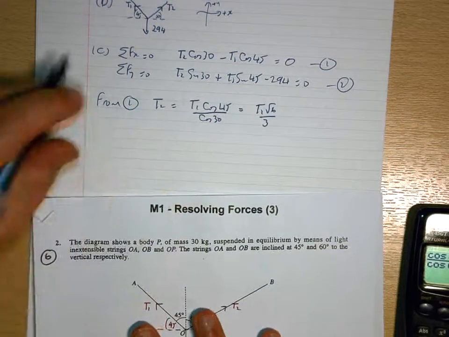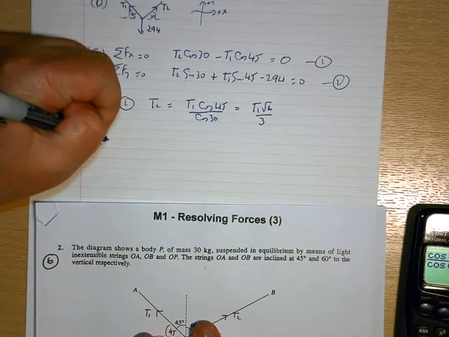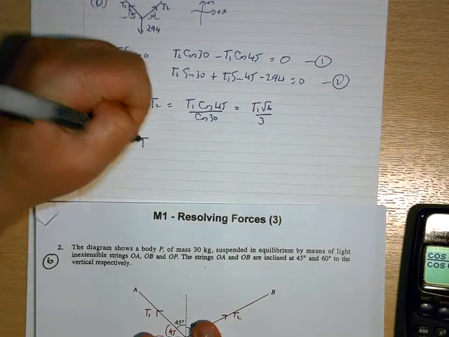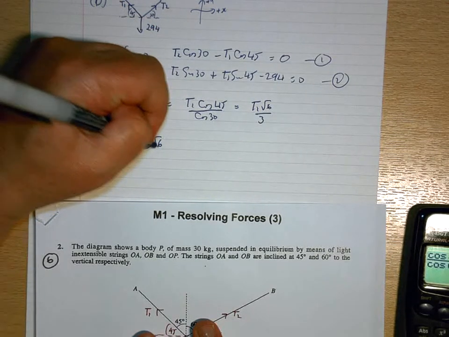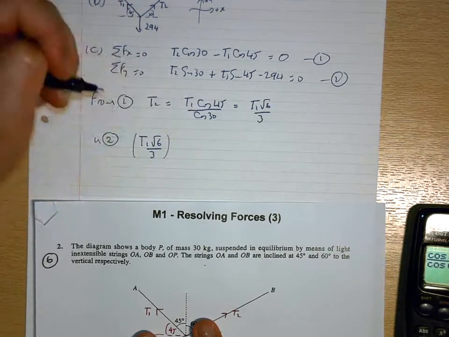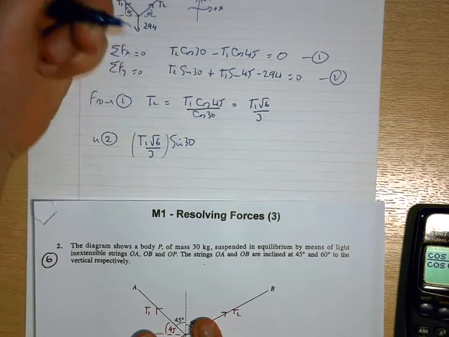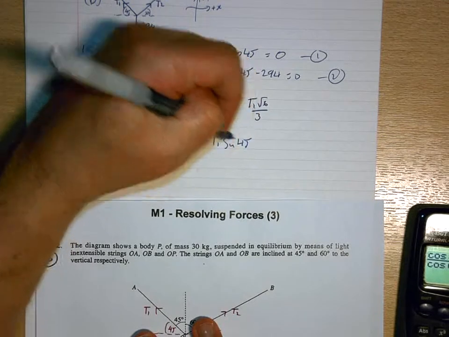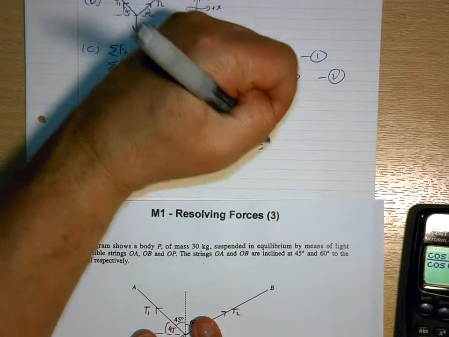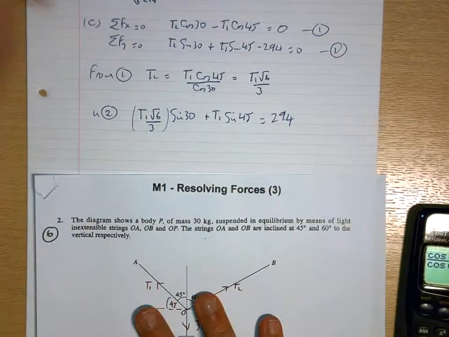We need to put that now in 2. So T2, instead of T2, I'm going to have that sine 30 plus T1 sine 45 equals 294.